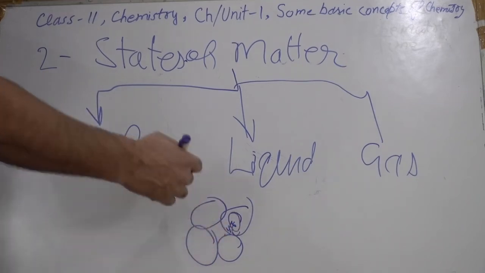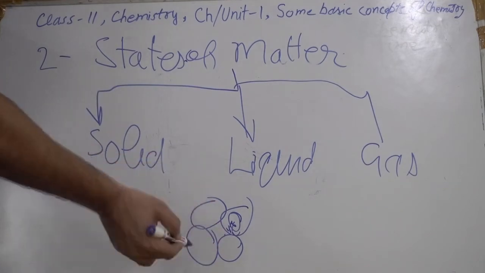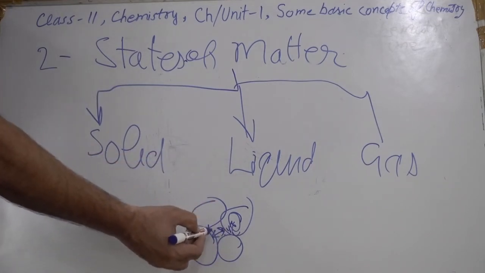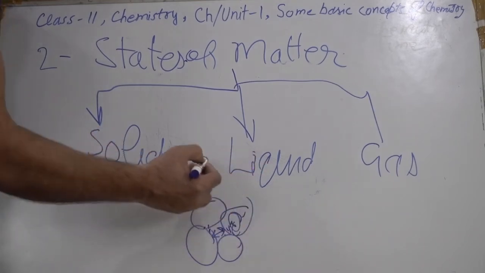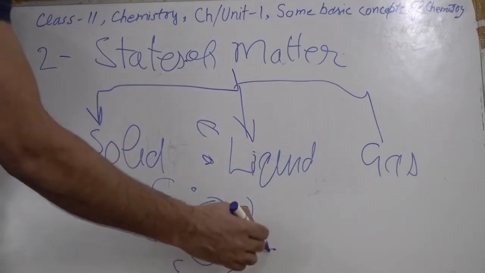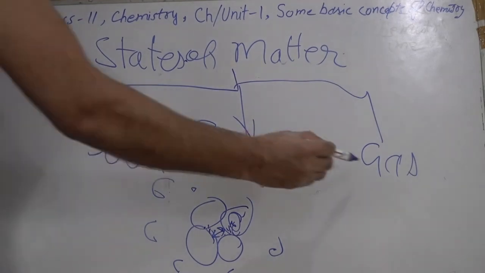These get so much kinetic energy that they can get rid of the force of attraction, they can overcome the force of attraction, and they start roaming about throughout the space available. And that is gaseous state.